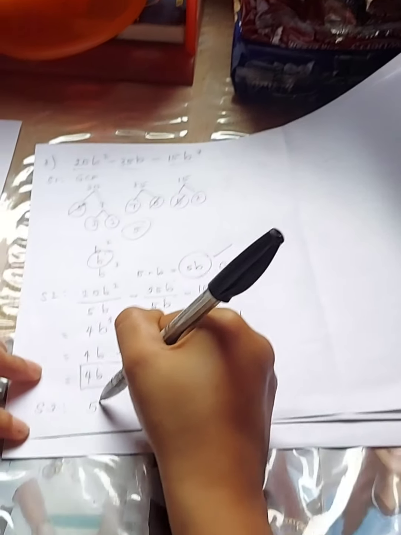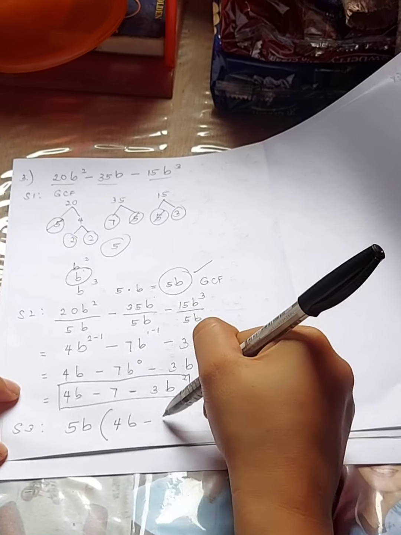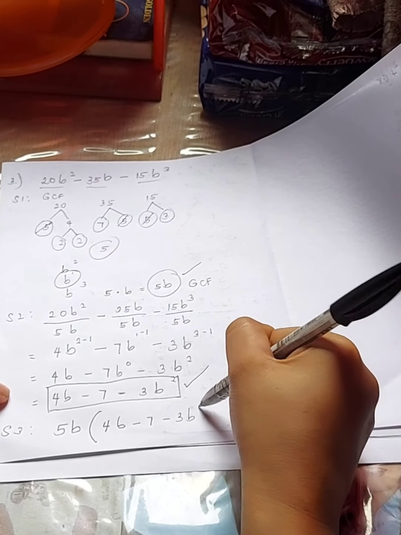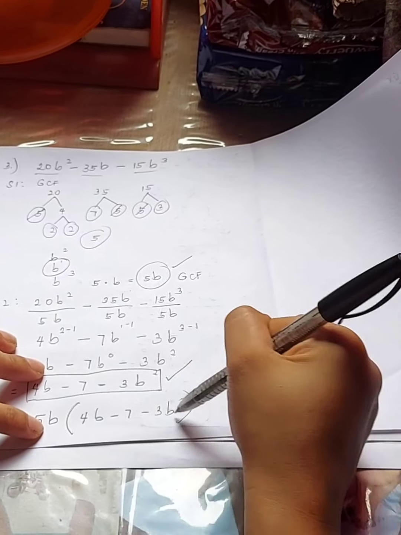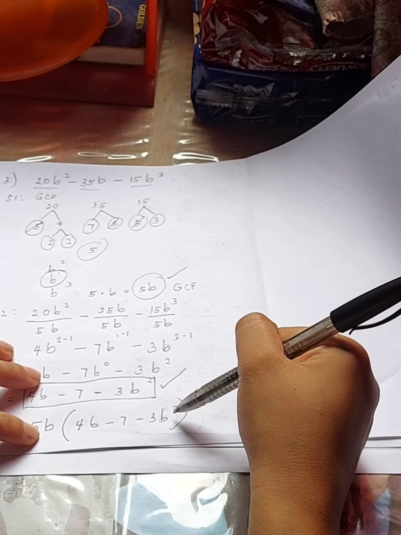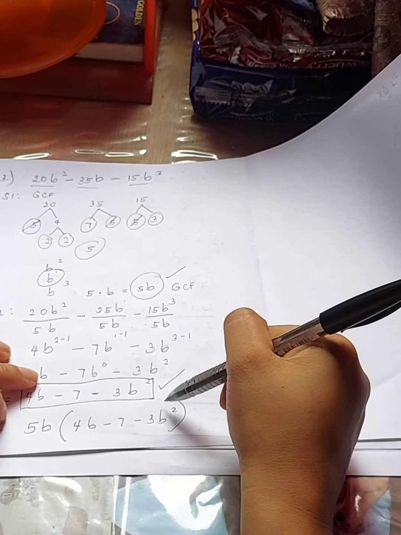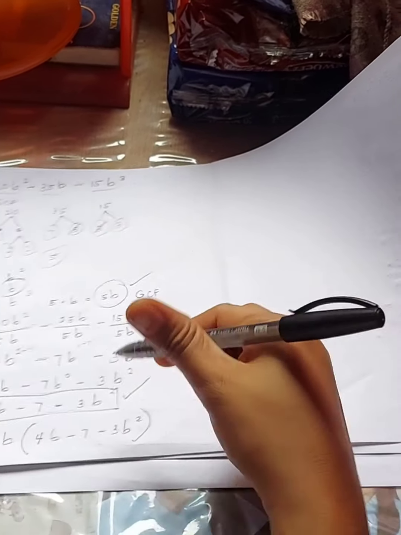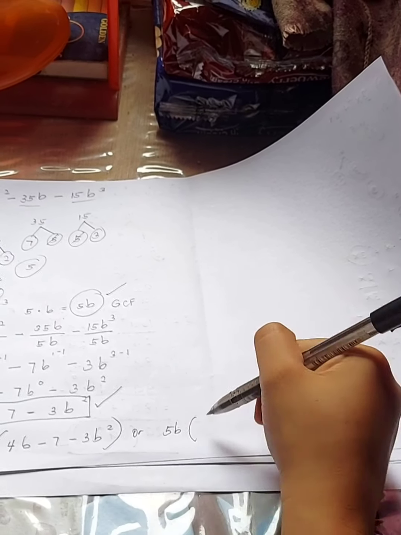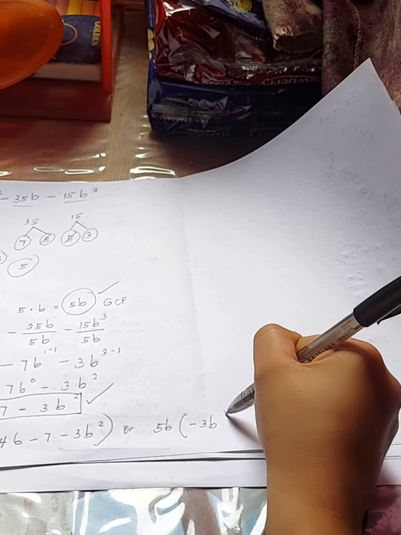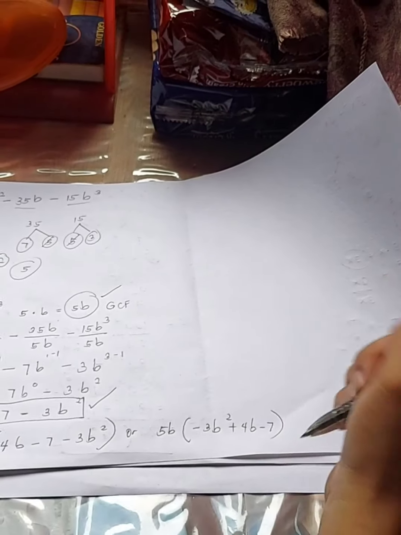So that would be 5b times 4b minus 7 minus 3b squared. Or you can also arrange this in decreasing exponent, or from largest exponent to smallest, but they are still equal. So you can also have this one, 5b times negative 3b squared plus 4b minus 7.